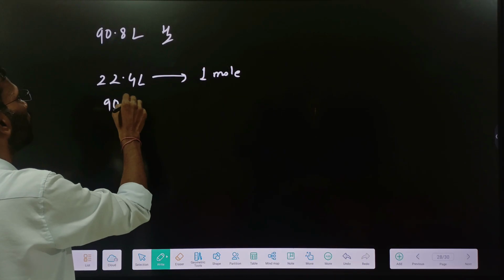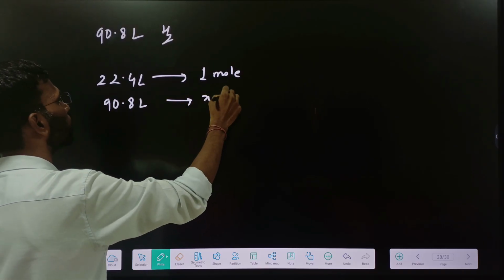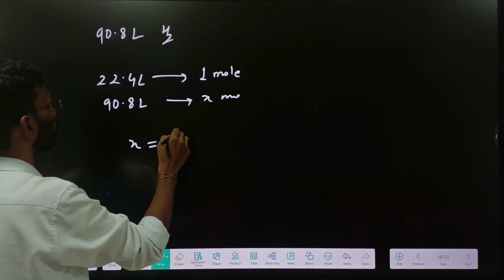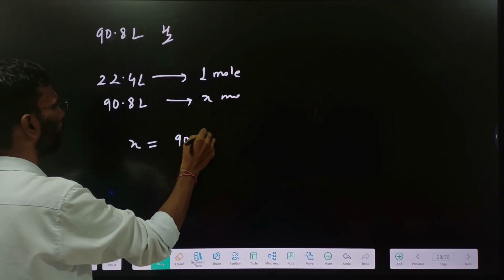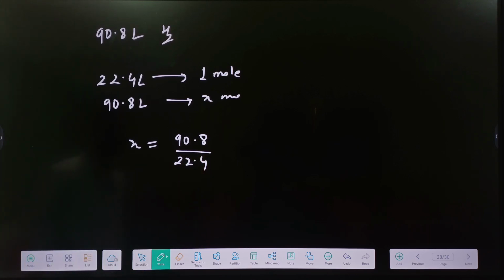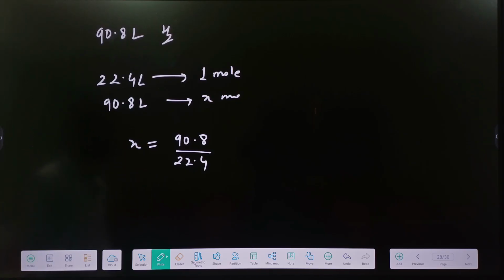So 90.8 liter will be X mole. X will be 90.8 divided by 22.4. Right? Obviously, this number of moles will be more than the others.